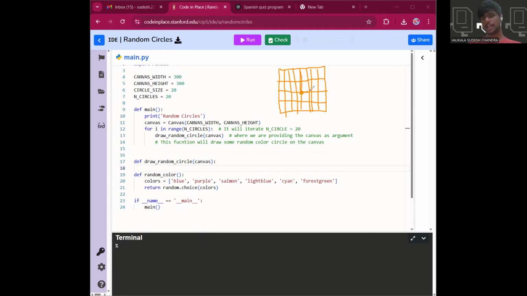This is called the first quadrant, this is the second quadrant, this part is the third quadrant, and this part is the fourth quadrant. This is the x-axis and this is the y-axis, this is minus x-axis and this is minus y-axis.